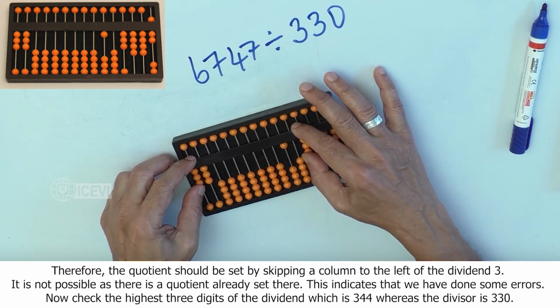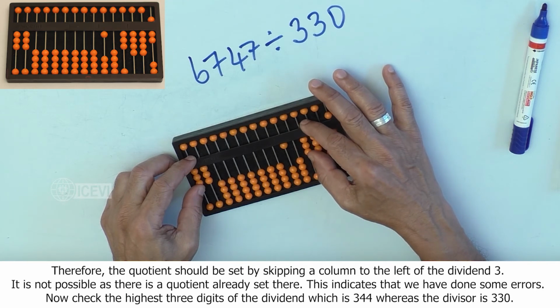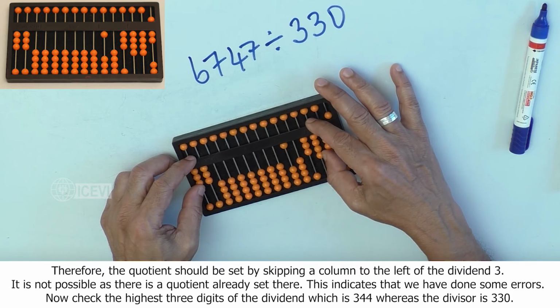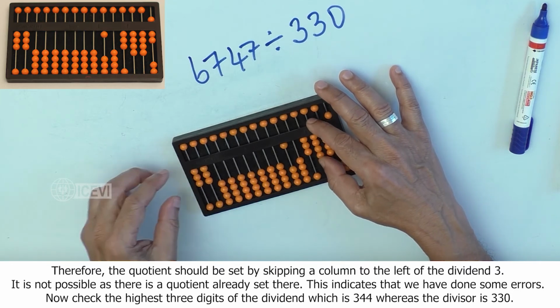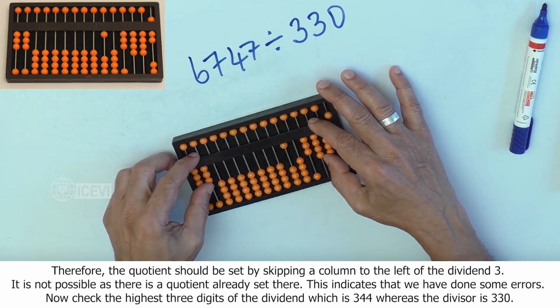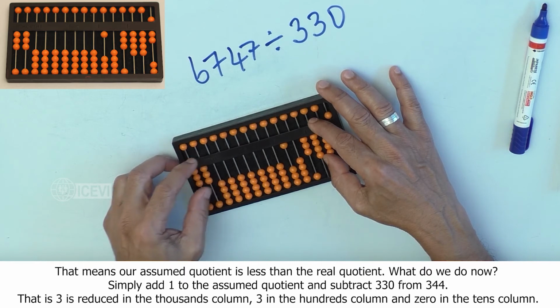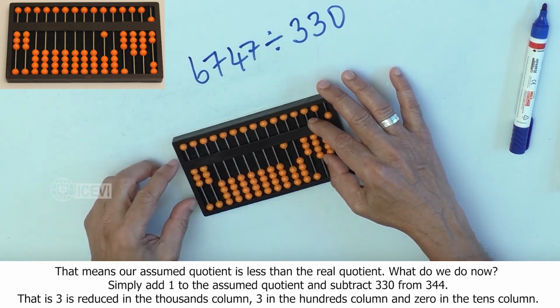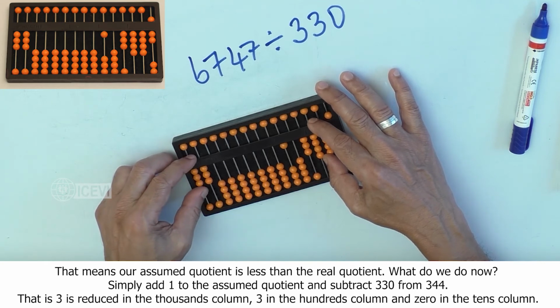Now check the highest 3 digits of the dividend, which is 344, whereas the divisor is 330. That means our assumed quotient is less than the real quotient. What do we do now?